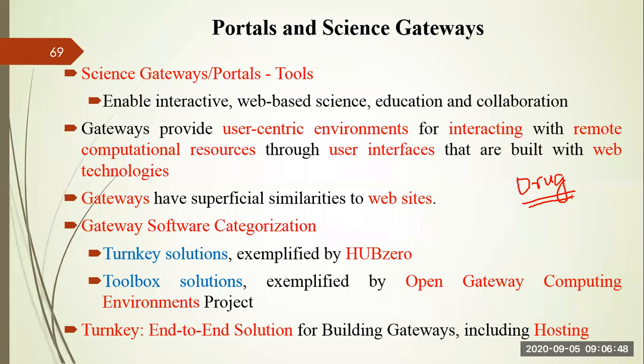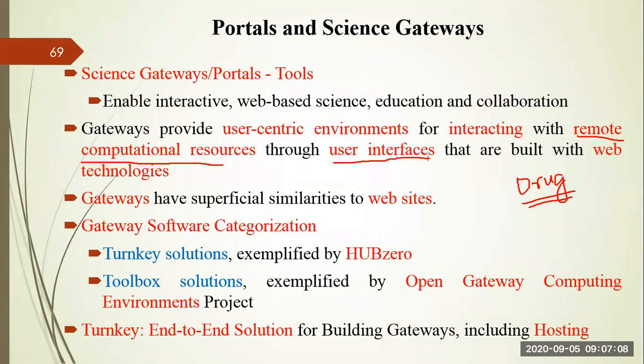For this you require more computational power, for which we are using these gateways, right? This gateway provides you a facility to access the remote computational resources, which are present in various places, through a user interface.